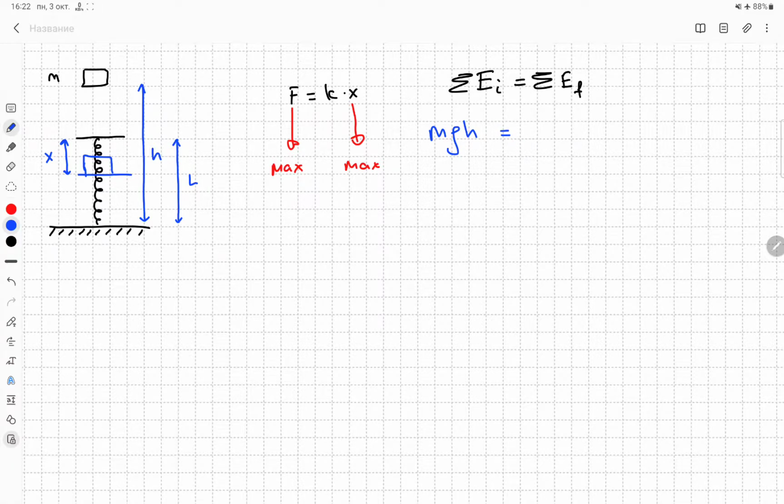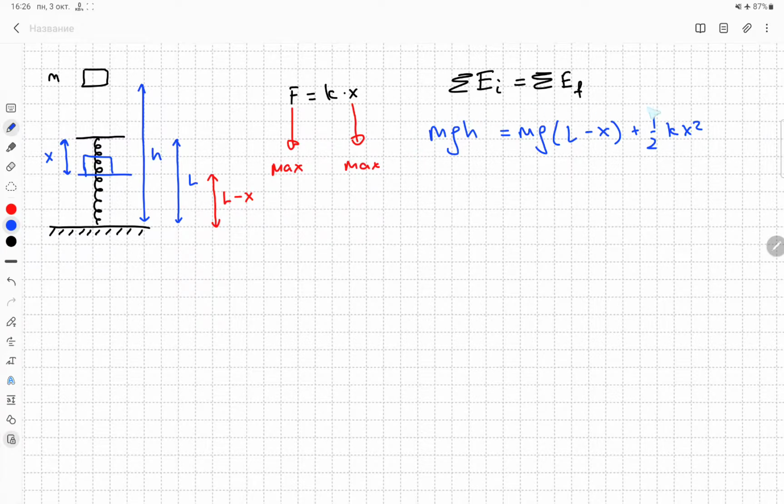At the end, when the object's velocity again becomes zero, at this position, the object again has potential energy because we have a height between the surface and the object. If you pay attention to this figure, this height equals L minus x. So the object has potential energy mg(L minus x). Also, the spring is compressed, so we have spring potential energy, which is one half k x squared.